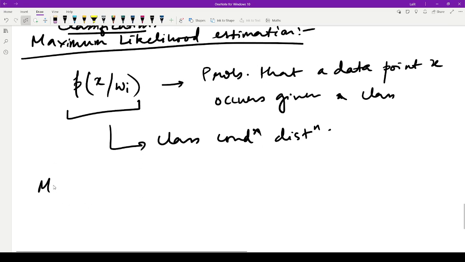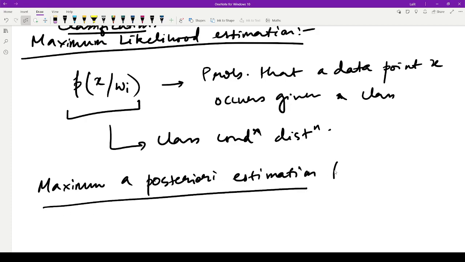So what do we want in the MAP estimate, the maximum a posteriori estimate? Here we use Bayes rule, or Bayesian estimation. That's why it's called Bayesian estimation.